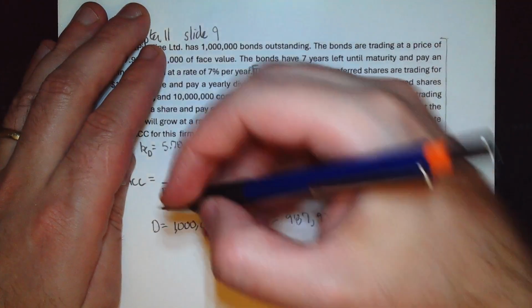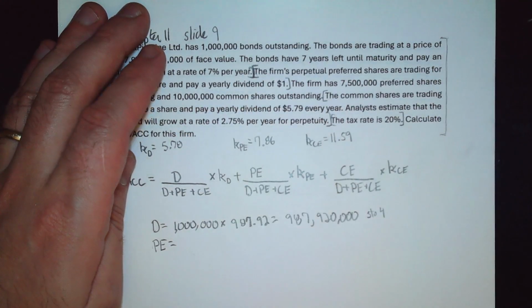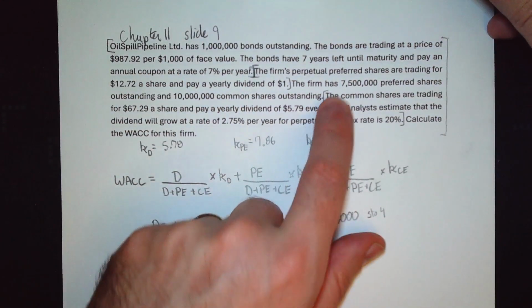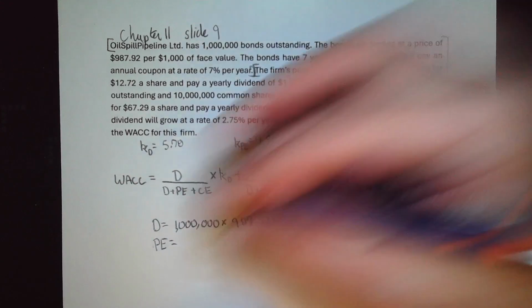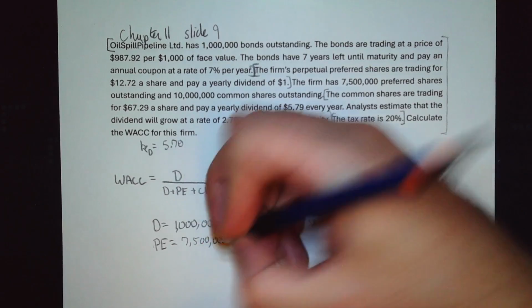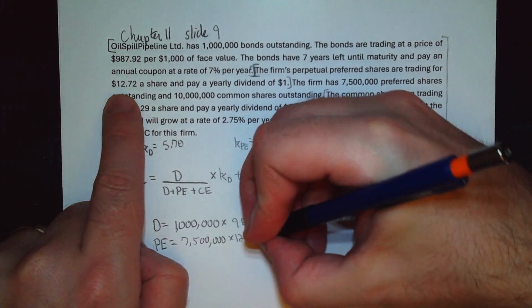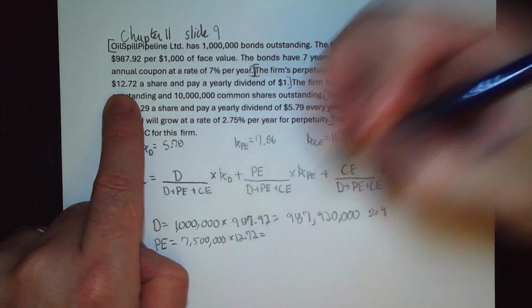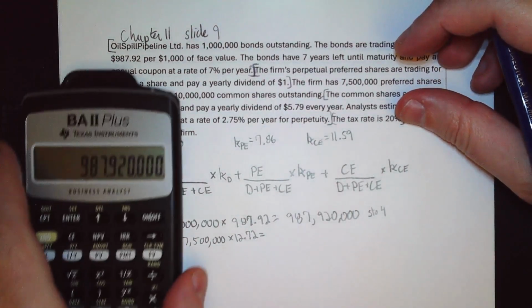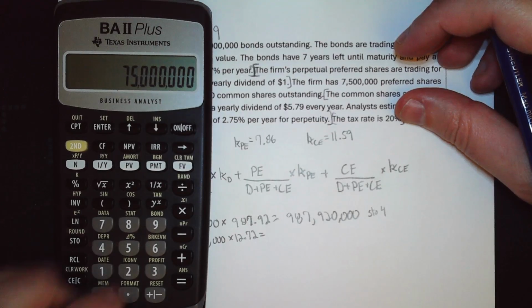Now we can find the market value of the preferred equity of the firm. The question states that there are 7.5 million shares of preferred equity outstanding, and each share is worth 12.72. So I can just put that in my calculator, 7,500,000. I put one 0 too many here.